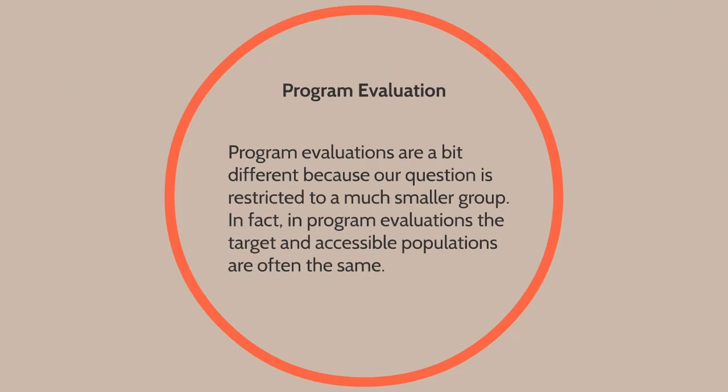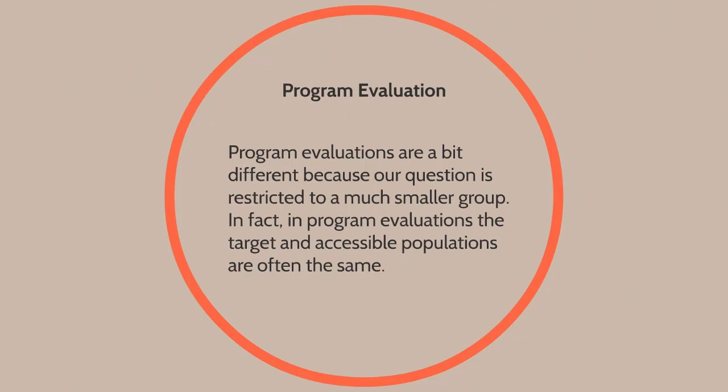So it's like a research question, except for a specific purpose of knowing whether the program is working. And in this case, the target and accessible populations are the same and are available to the researcher, and often they're all used in the research study. So just keep in mind that there's an exception to the rule.